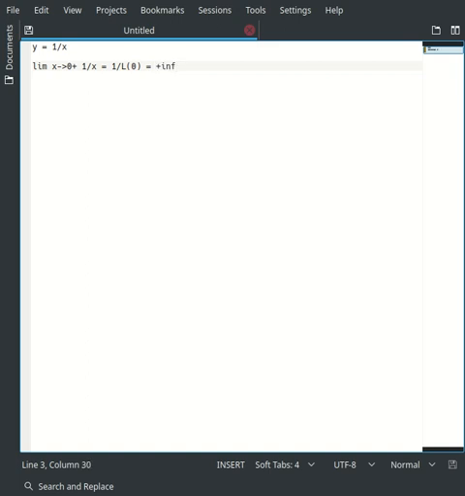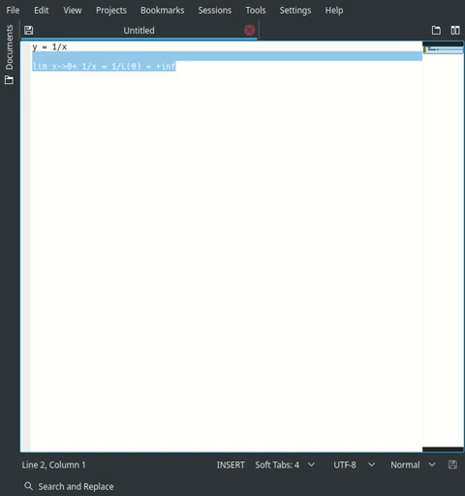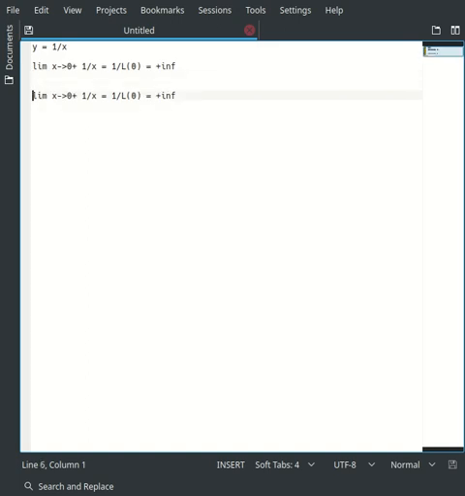So the inverse of L naught is positive infinity. If we take it from the negative, we get this. But then 1 on 0 itself is undefinable. And this is easily demonstrated via L'Hopital's rule.